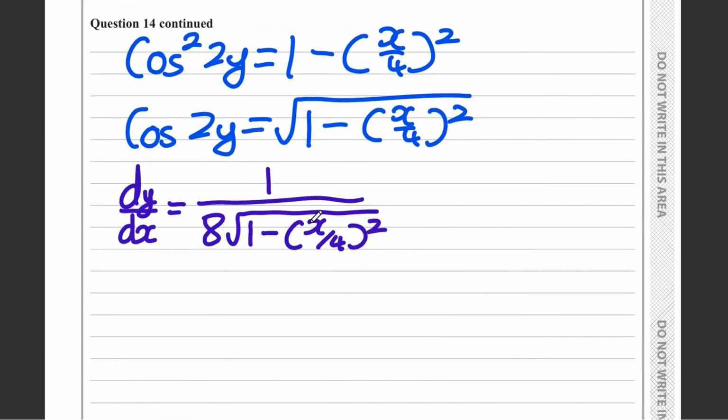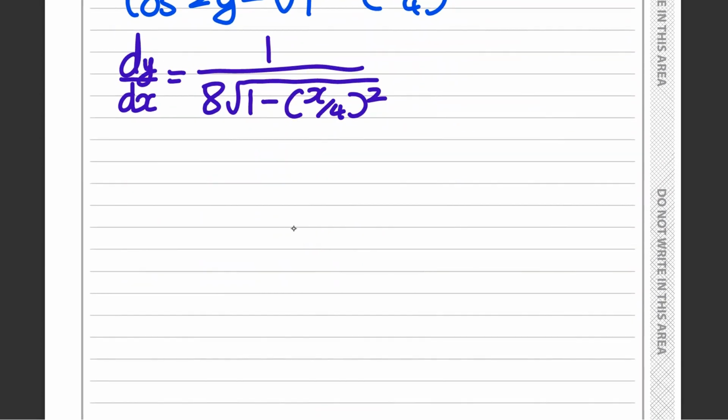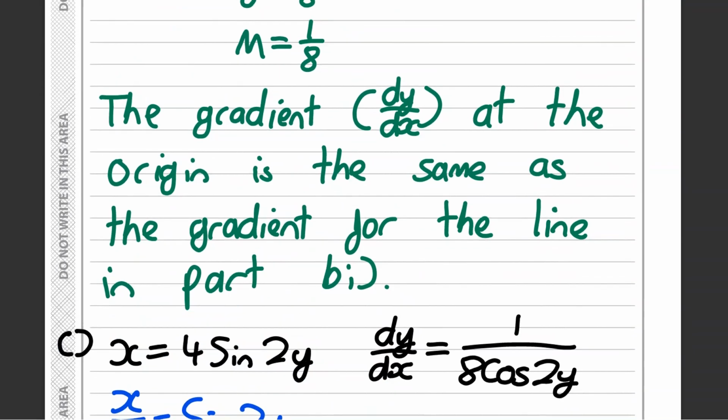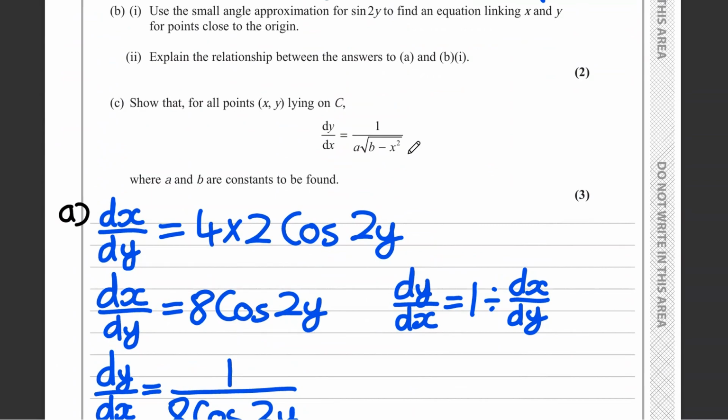Okay, so to get it into this format, firstly we have this (x over 4) squared. If we expand this to get rid of this power of 2, this is going to be 1 over 8 and then the square root of 1 minus, and then this (x over 4) squared is going to be x squared over 16. Now if you look at what we need for the final answer, we need x squared here.